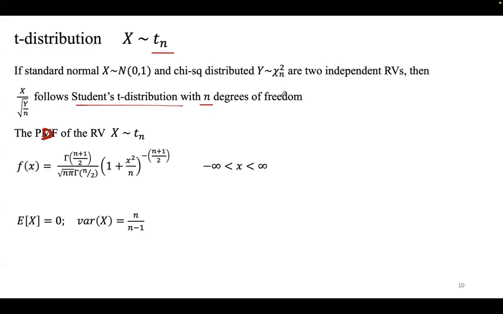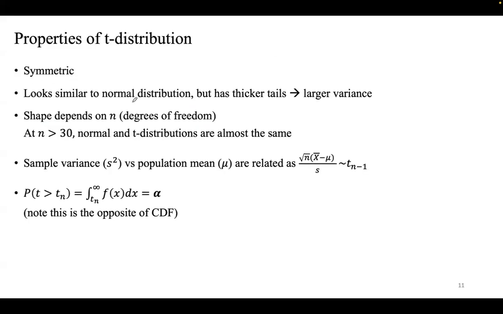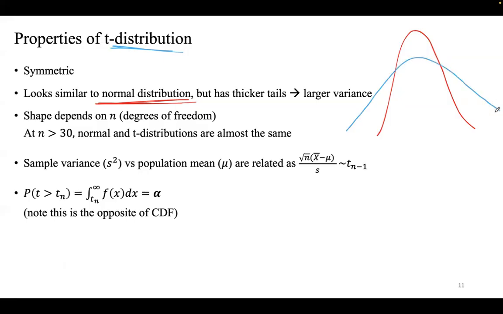So this is a symmetric distribution and looks like a normal distribution. In fact, it looks like a standard normal distribution because it's centered around 0, but it has thicker tails. So for example, suppose this is your normal distribution, then for the t distribution, if I'm drawing with blue, this is what it's going to look like.